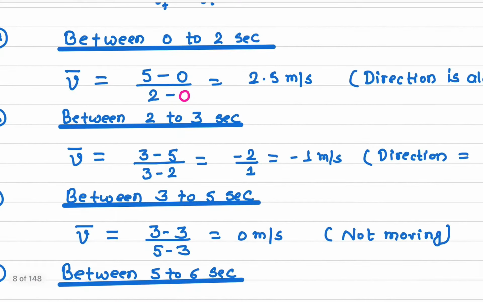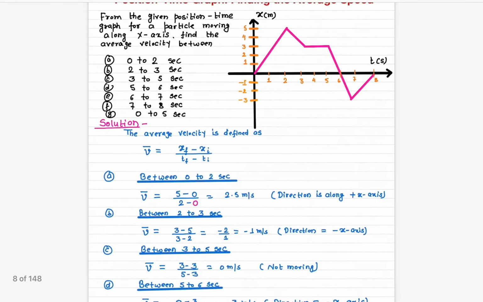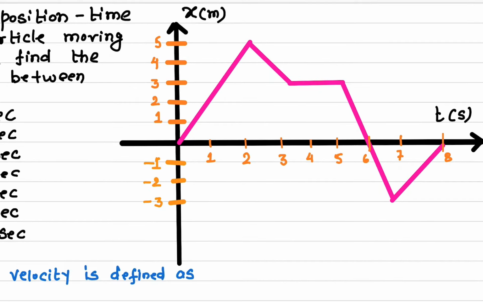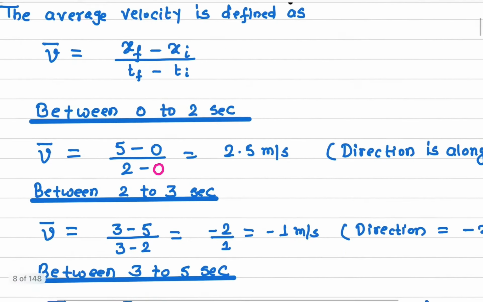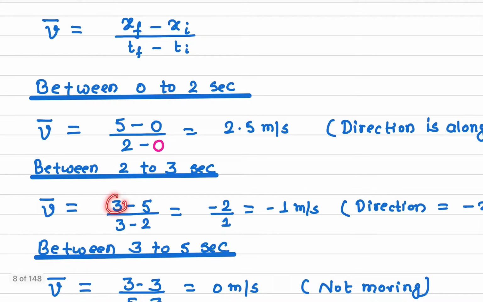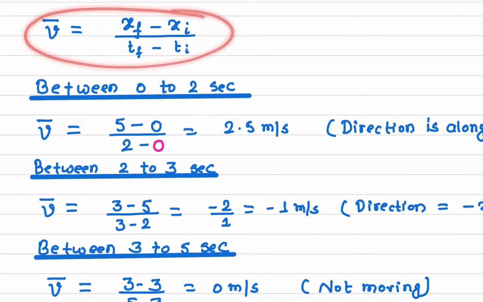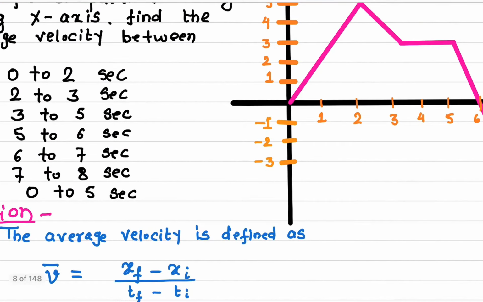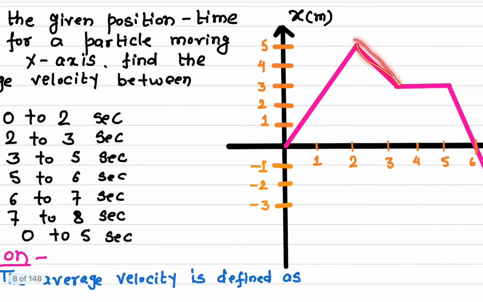Now let's calculate this one, between 2 to 3 seconds. What is the position at this point? That's the final position, which is 3. The initial position is 5, because we are interested in this interval, and the final position is 3.